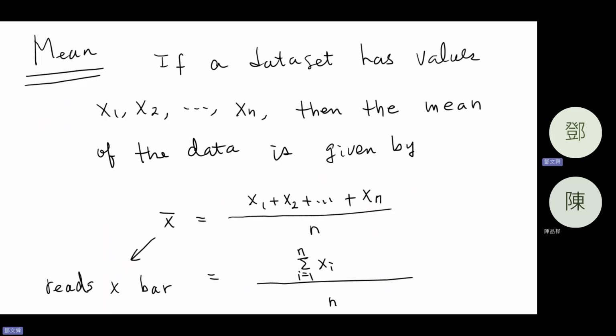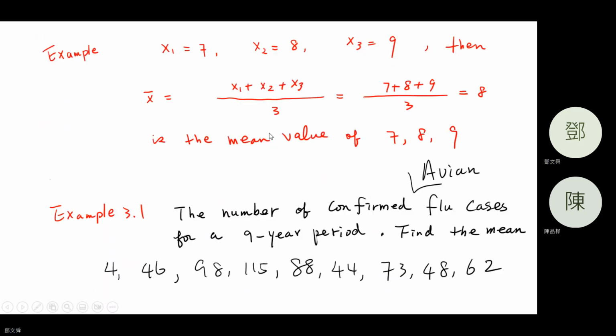Any question? If you don't have any question, let's look at an example. If you see an example with no number, then it is my example. If you see an example with a number, then it is from your textbook.